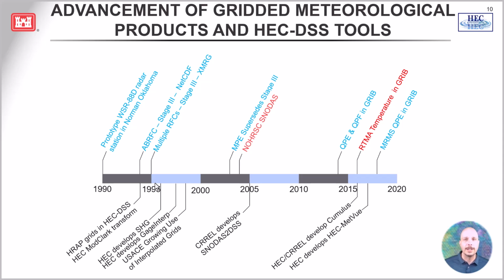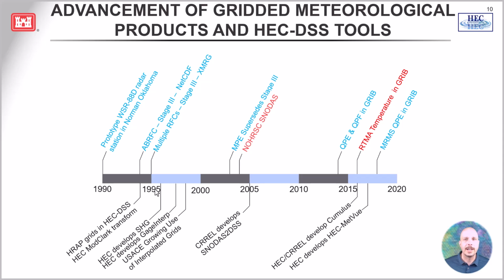Throughout the years, the National Weather Service's meteorological data products grew substantially to include more than just precipitation, temperature, and snow. And data formats evolved quite a bit through the past few decades, from the legacy XMRG data format to the latest incarnations of NetCDF and GRIB data formats. And finally, around 2016, HEC developed HEC-MetVue, which supports working with all kinds of meteorological variables.